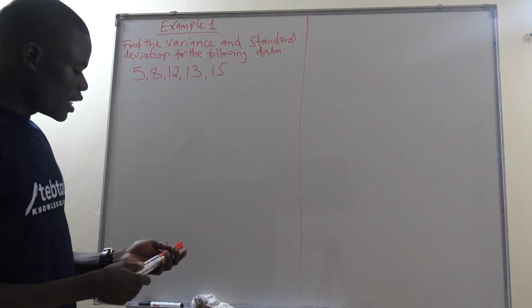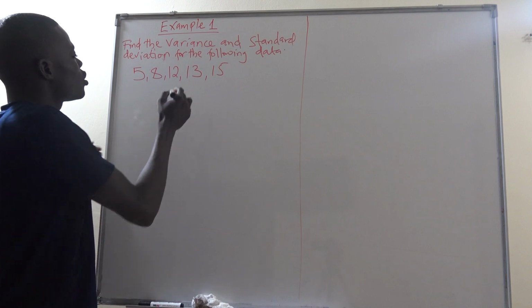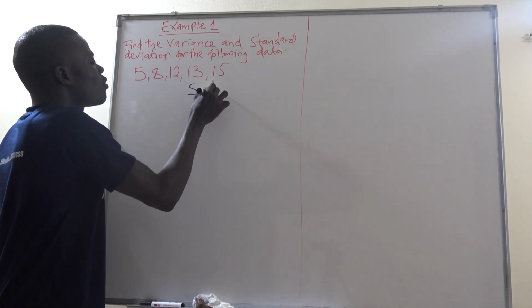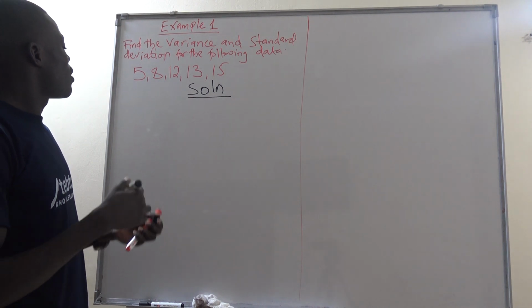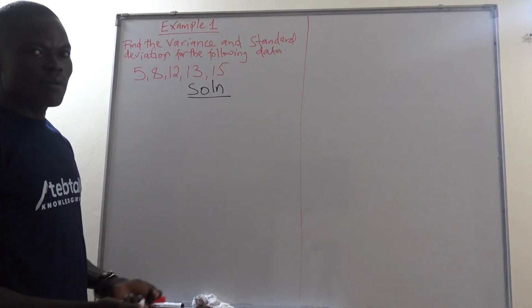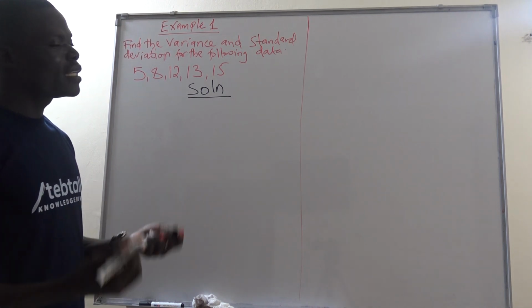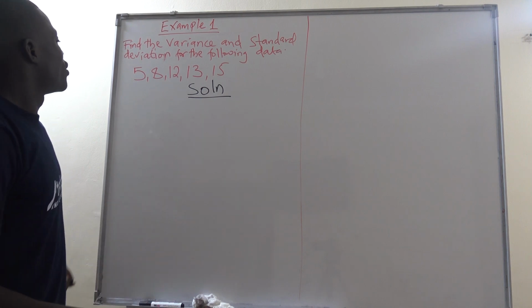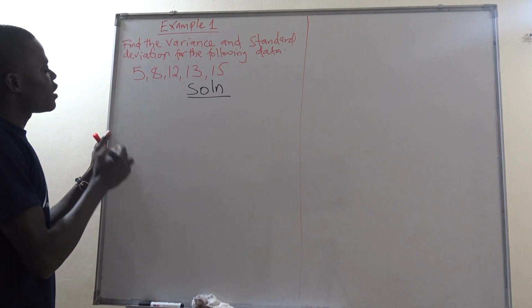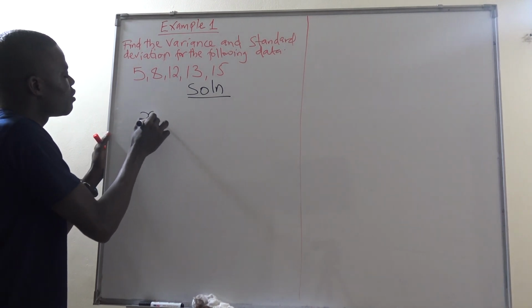But as we said earlier, before you tackle any question, it's better to organize your variables or your data in a table to make it easier to follow and to make more meaning. The first column should always take the variable.